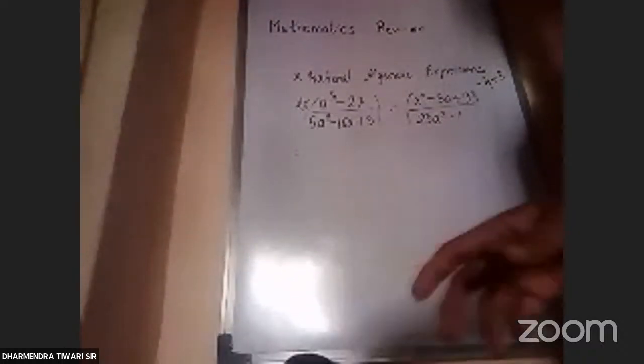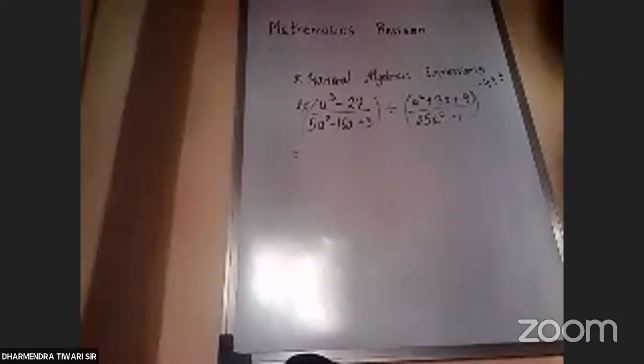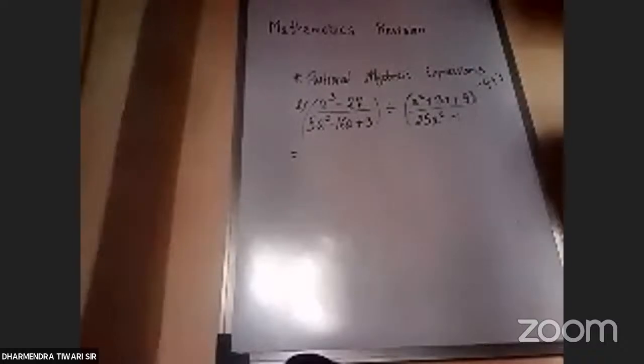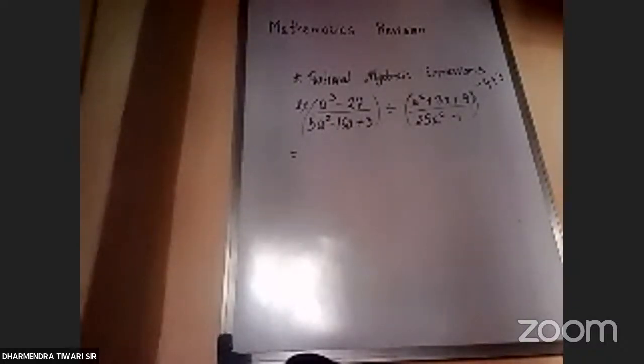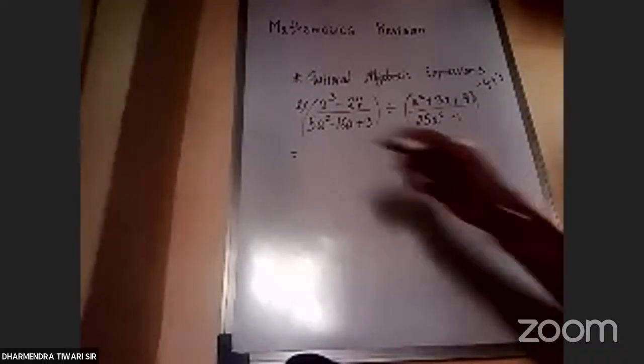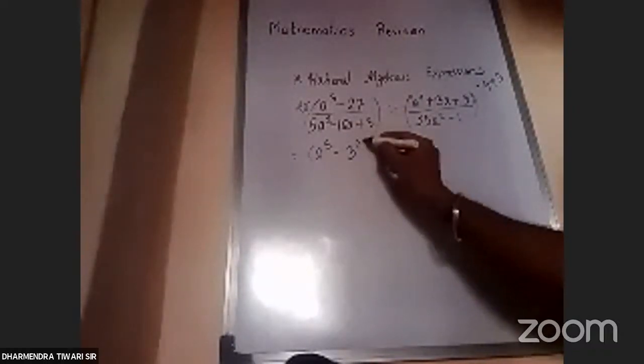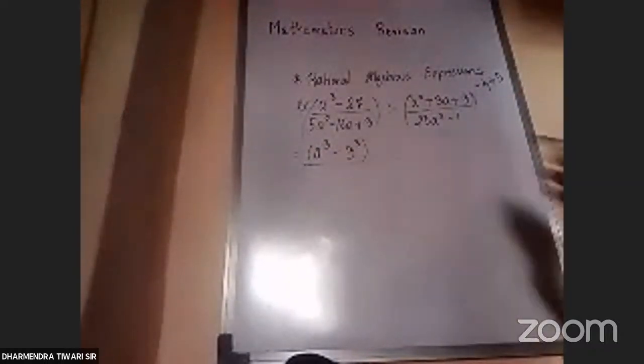But at the same time, we can do factorization if possible. It will reduce our steps as well as efforts. You can write this as a cube minus 3 cube. 27 is the cube of 3, as you are very much familiar with.